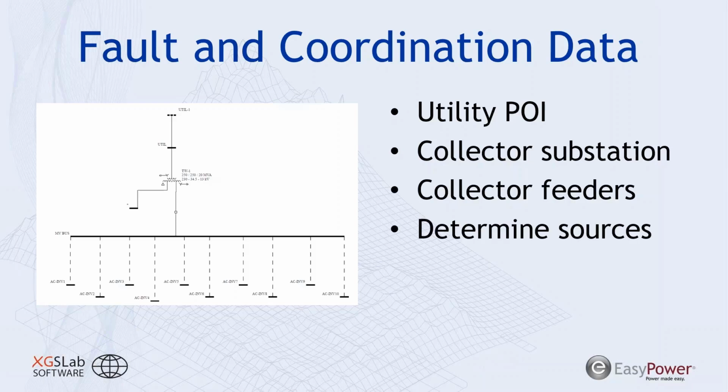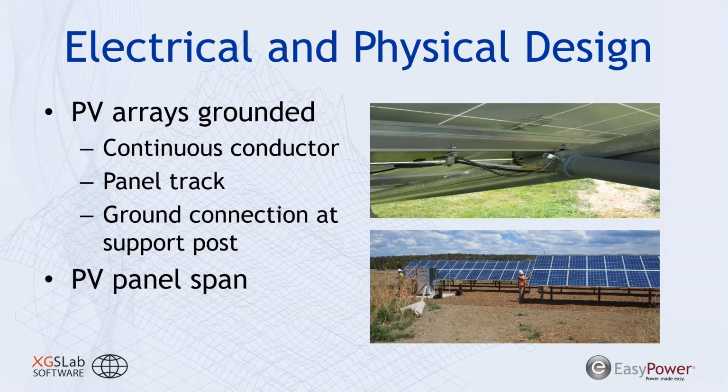Now we also need to understand a lot of details about how the solar power plant is connected. We need to understand if the PV arrays are grounded, if they're using a continuous conductor adjacent to the panels, or if they're anticipating that the panel track itself is going to act as the ground.